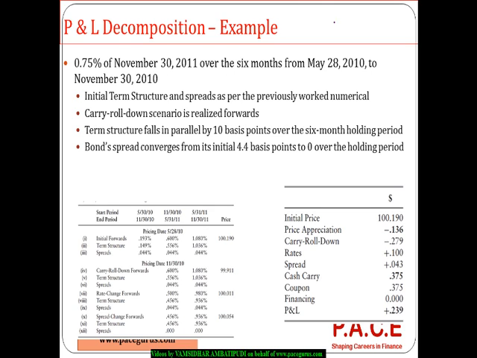For this initial 6-month period I want to find out the P&L, which can really help us understand all the three components and how we are bringing them out.